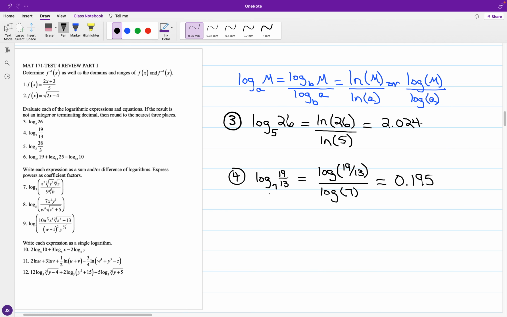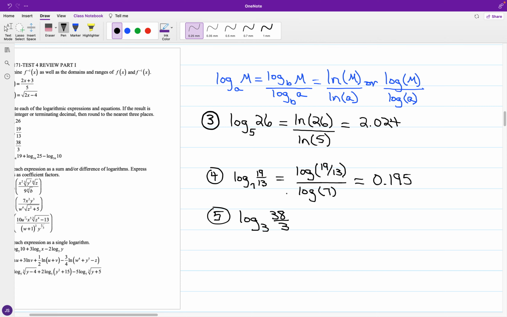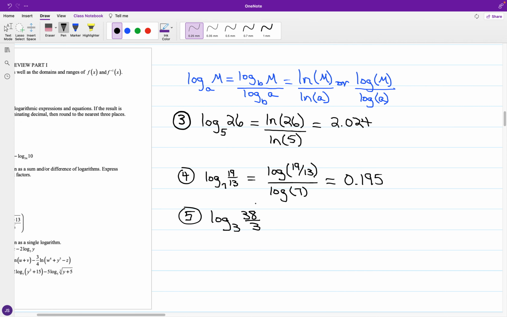And for the next item, we had the base 3 logarithm of 38/3. So we have m at 38/3, and a, once again in the lower position, is 3.